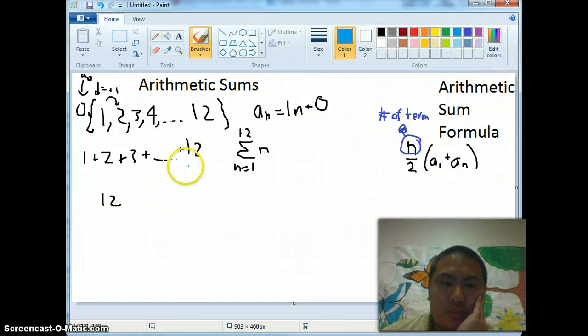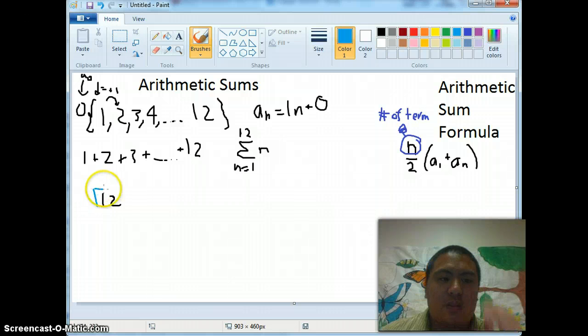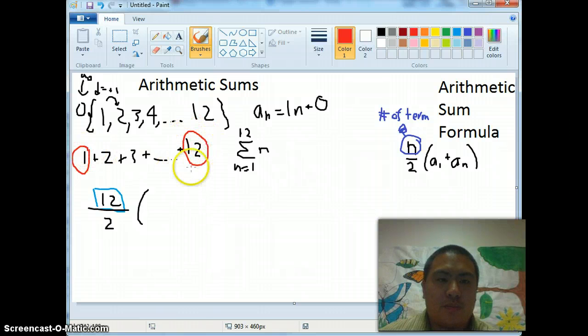I'll circle that in blue for you guys so you see it. And we divide that by 2, and then we match up, I'll do this in red, the first term and the last term. That gives me 1 plus 12.